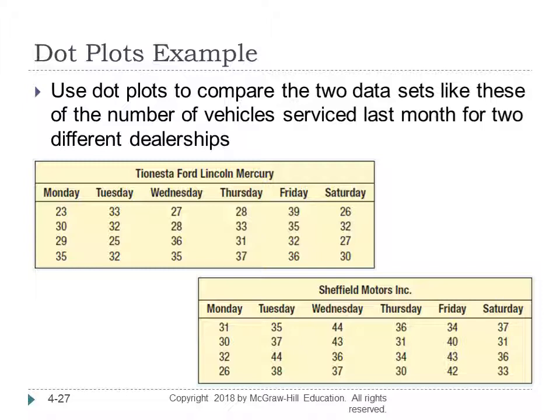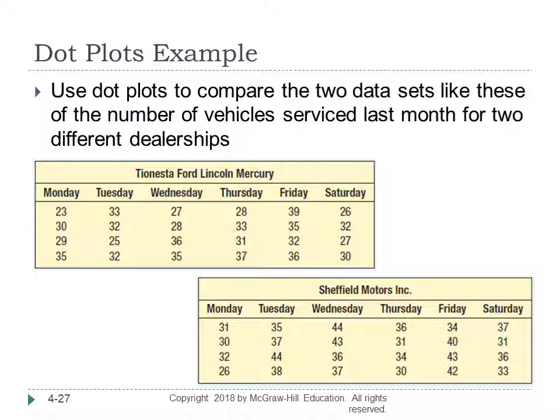The top table records the number of cars that were serviced in Tainusta. The data is for 1 month, with a 6-day work week. This data represents the number of cars serviced during that month for the first location, which is Tainusta.